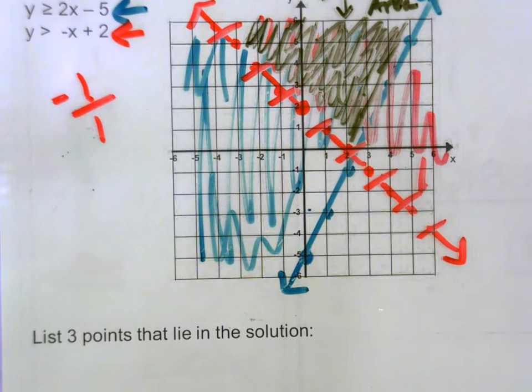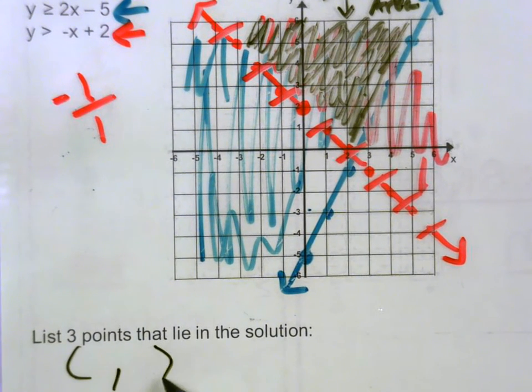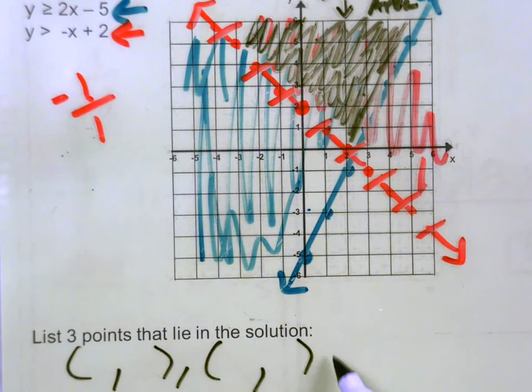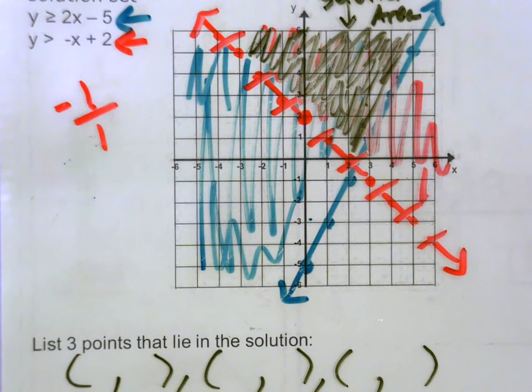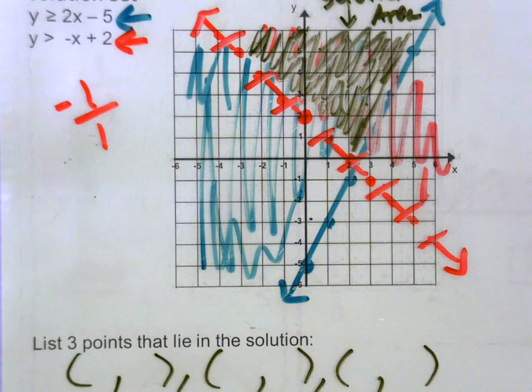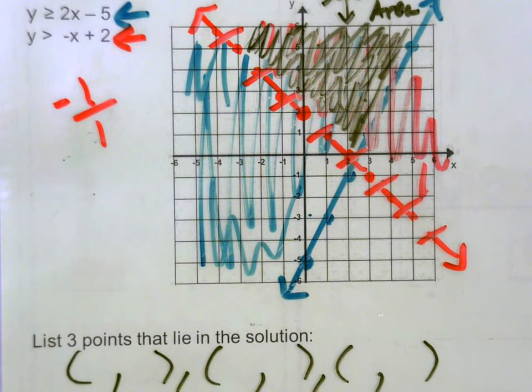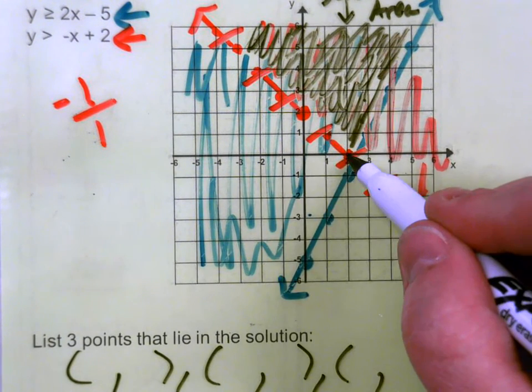So that being said, right underneath that, we need to come up with 3 possible solutions that fall in that shaded area. Would 0, 0 work? No. What about 2, 0, right here?